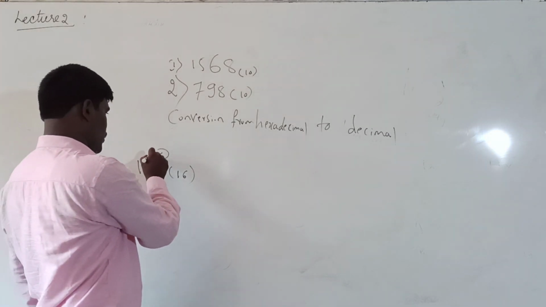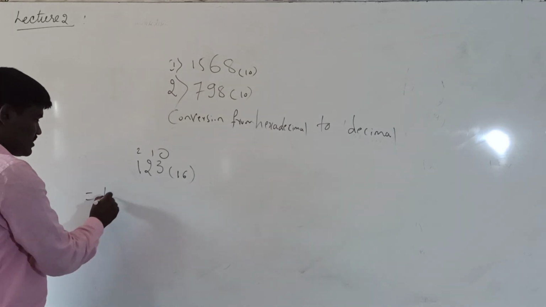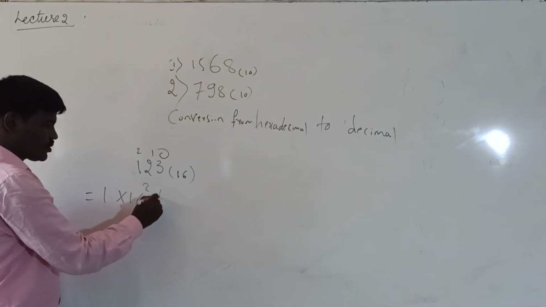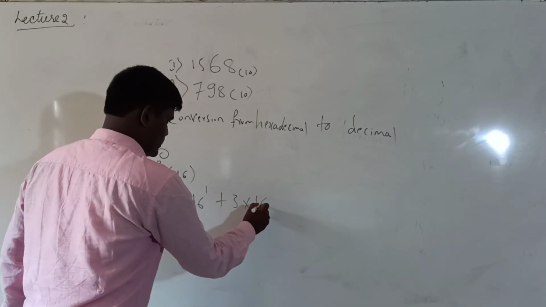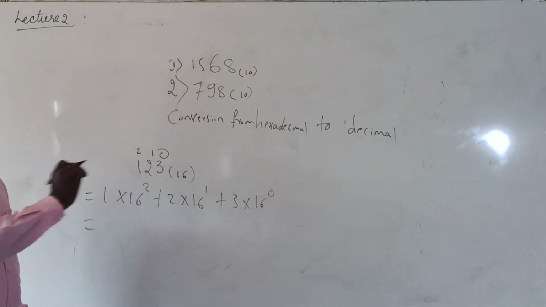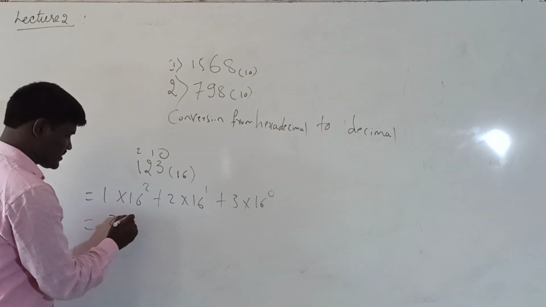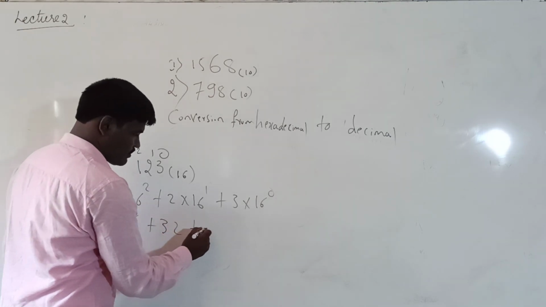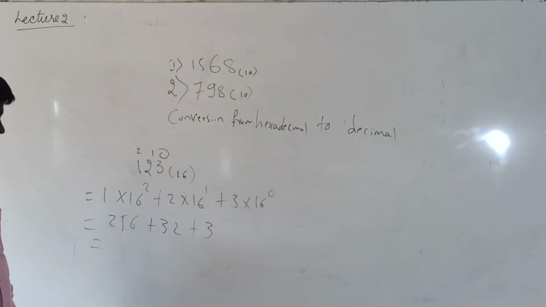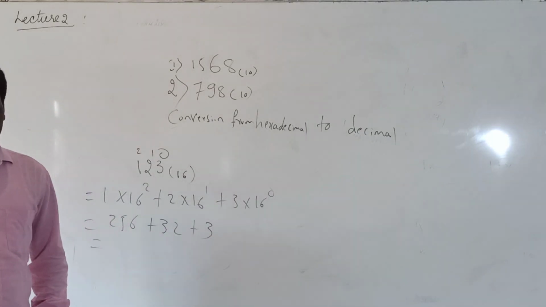Same procedure, 0, 1, 2. 1 into 16 raised to 2 plus 2 into 16 raised to 1 plus 3 into 16 raised to 0. 16 squared is 256, plus 16 into 2 is 32, plus 3. 32 plus 3 is 35.